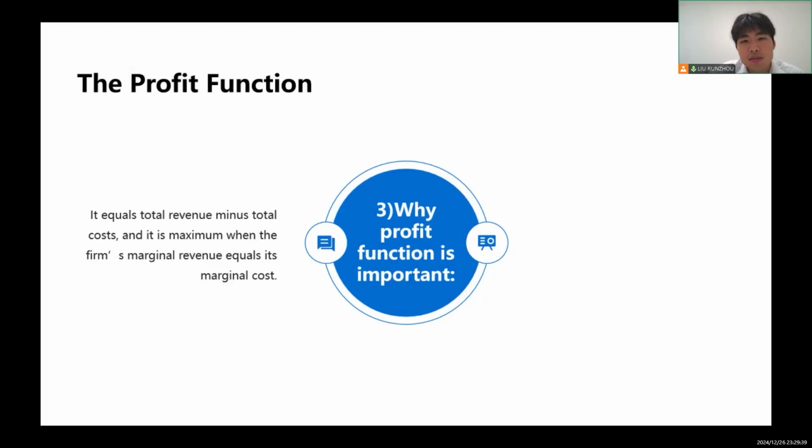Well, the third question is why the profit function is important. Because it equals total revenue minus total cost, and it is maximum when the firm's marginal revenue equals its marginal cost.